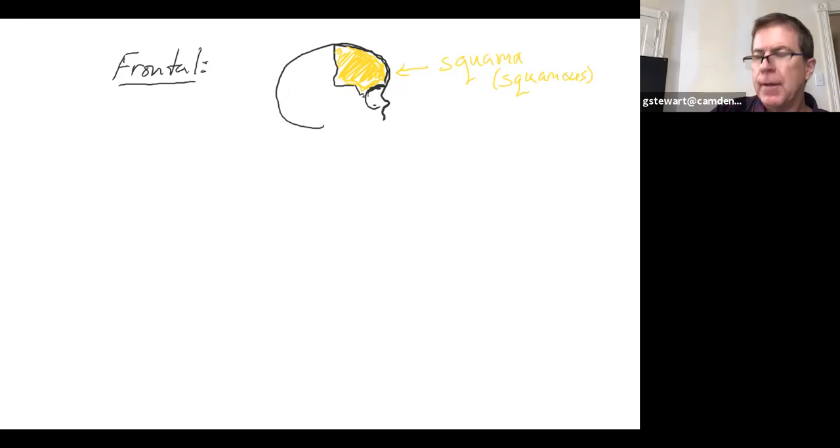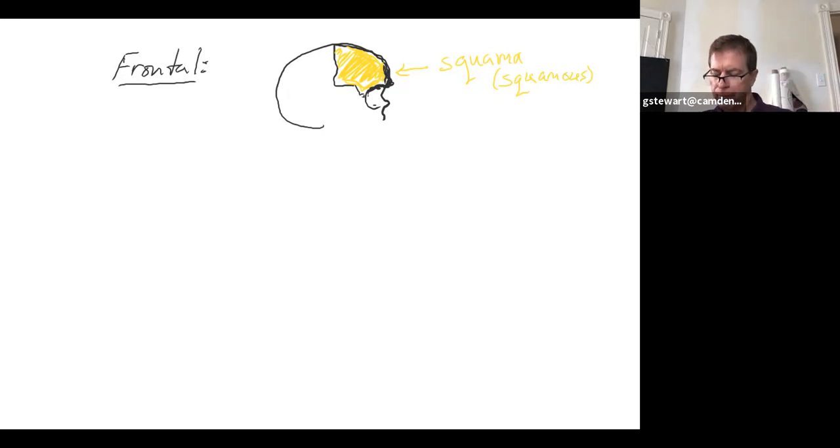The thickening, which I didn't draw very well in my cartoon, the thickening as the frontal bone comes forward, you know we have a brow, a bony brow right here that our eyebrows sit on. That's also part of the frontal bone, and it's referred to as the supraorbital margin.